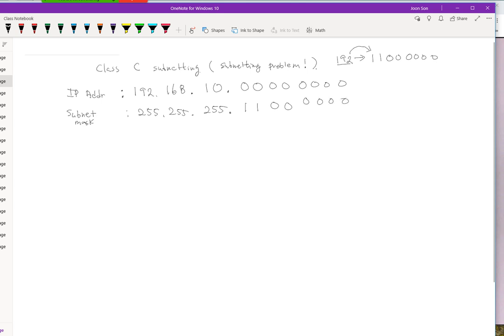And I said that you first draw the line, because this is a class C and the default subnet mask is /24. So I'm going to draw the first line on this boundary, which is here.